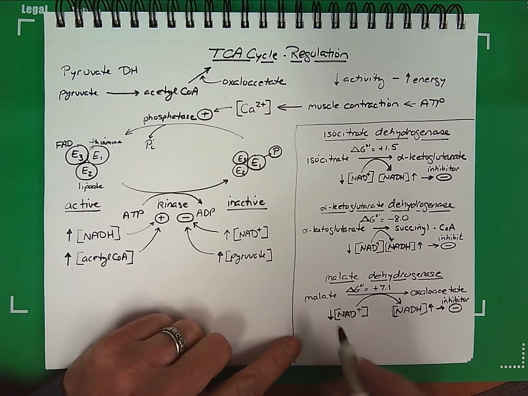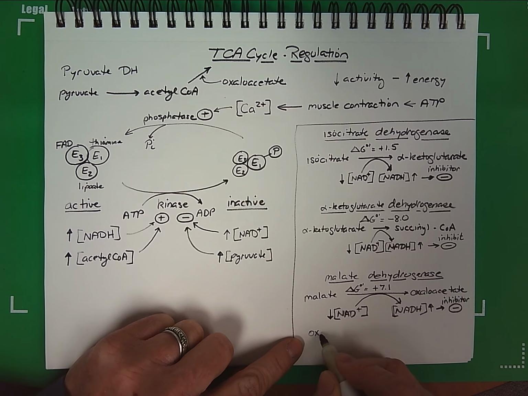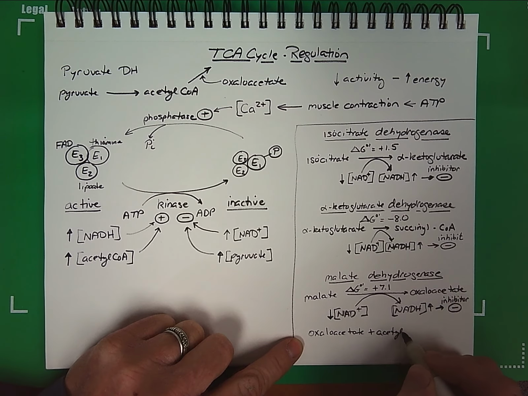And the reason it does is because the oxaloacetate condenses very rapidly with acetyl-CoA to form citrate.